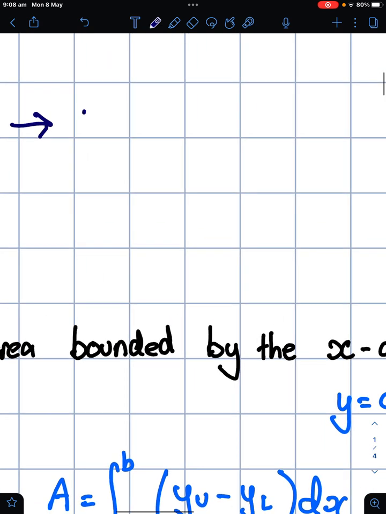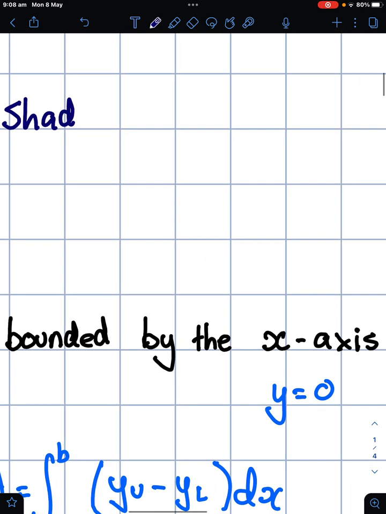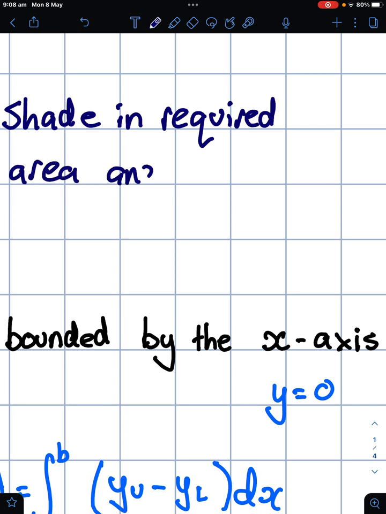Shade in required area and label with a capital A, which I didn't do in that one.